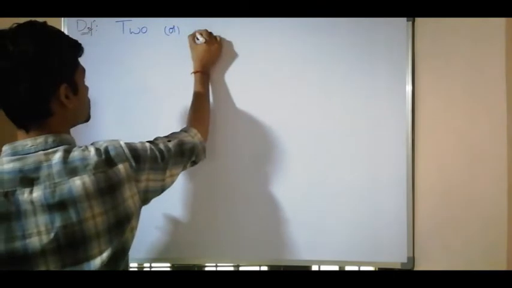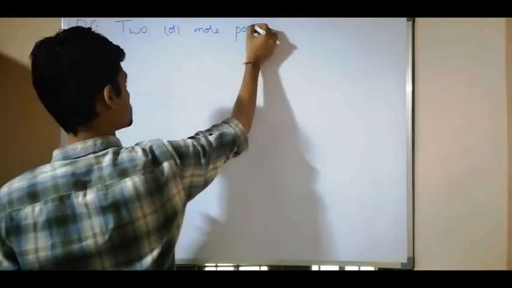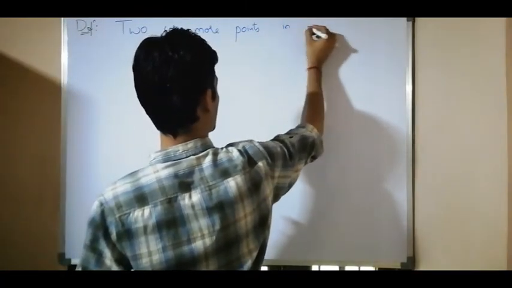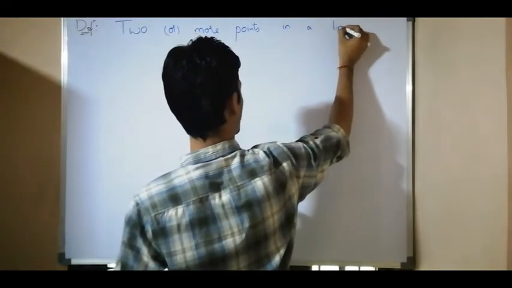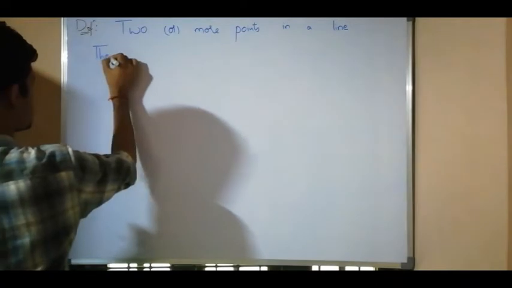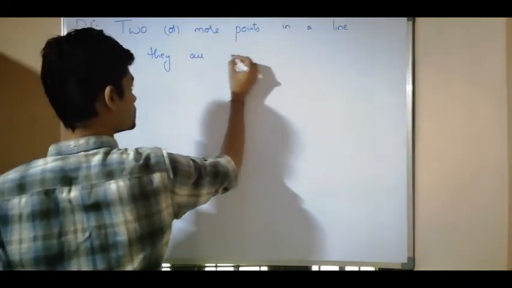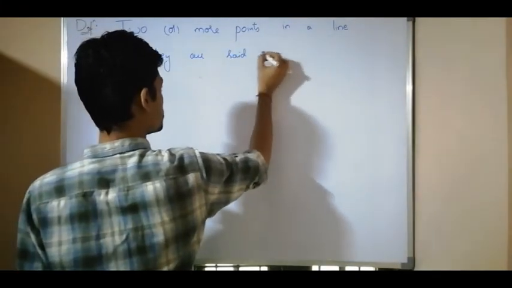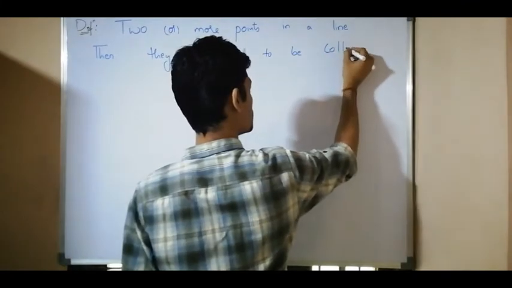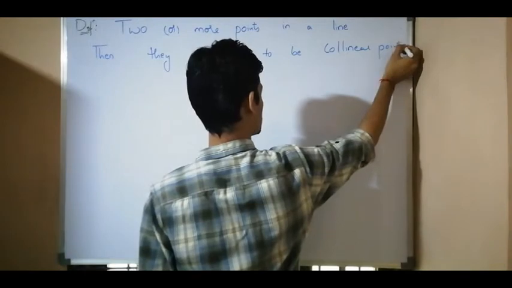Two or more points in a line, then they are said to be collinear points.